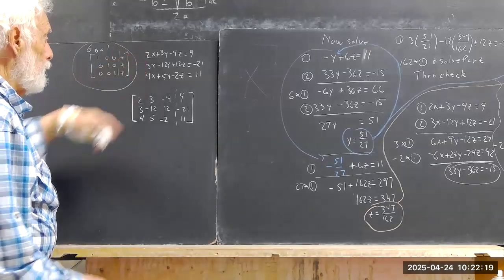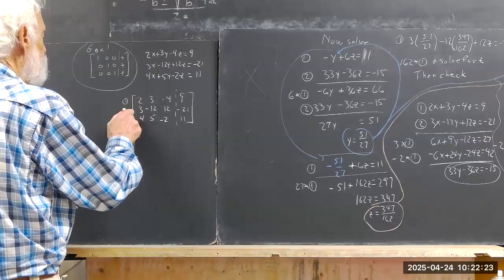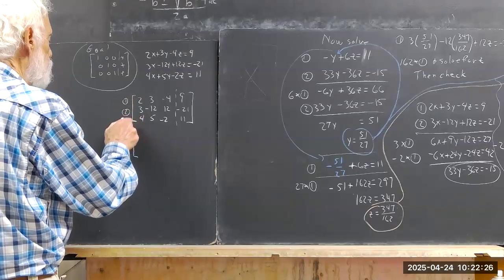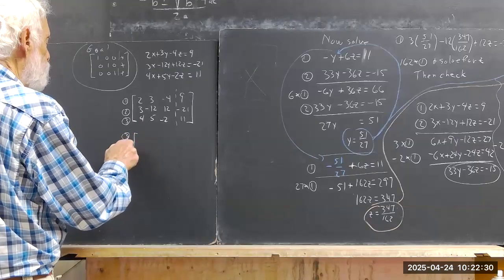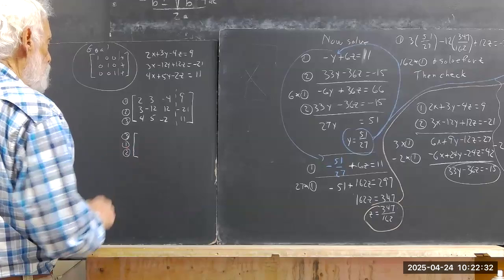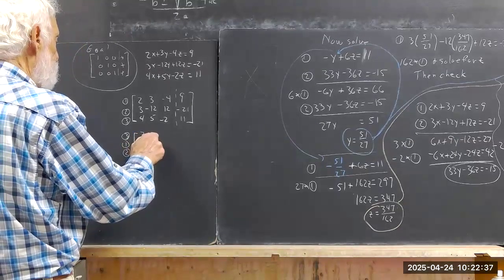You know, the order in which these equations are written makes no difference. So I've got row 1, row 2, row 3. I'm going to put row 3 first, then row 1, 2. There's a reason for that.